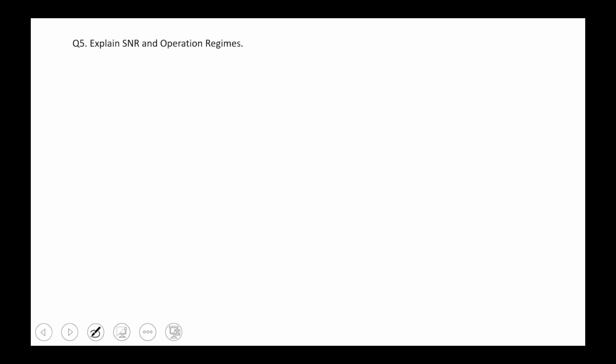So what is the SNR, signal to noise ratio? Anyone can explain that? Apart from Jagannath and Namita, there are 4 or 5 students, I think the others left.